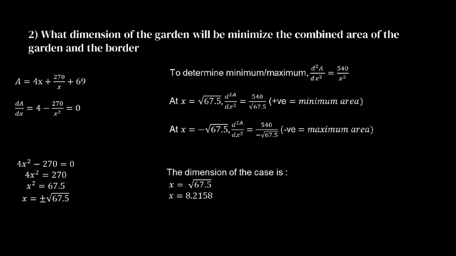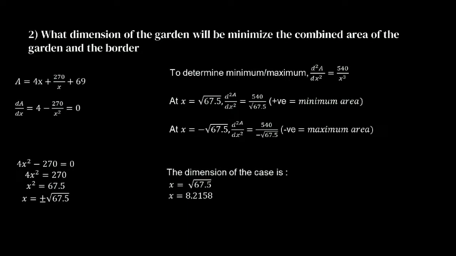After we differentiate, we got 4 minus 270 over x squared. After that, we need to find the value of x when dA over dx equal to 0. That's why we need to differentiate the equation.